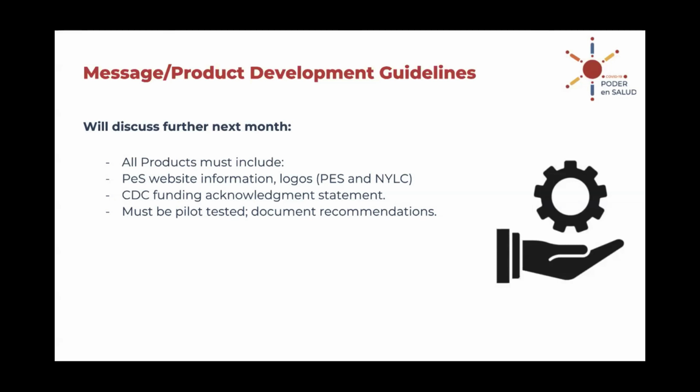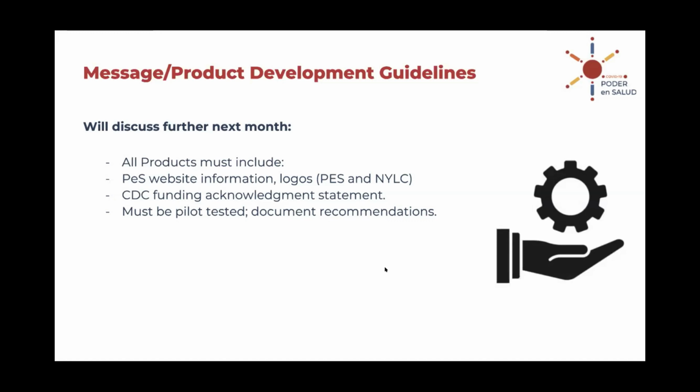All products, just as a brief overview, must include the following, whether that's in a brochure or in a flyer. Please note that we must include the PODER and SALUD website information, both logos of PODER and SALUD and the National Youth Leadership Council, as well as a CDC funding acknowledgement statement.